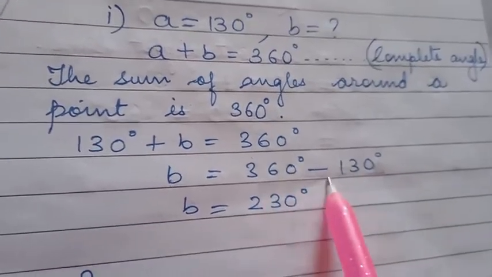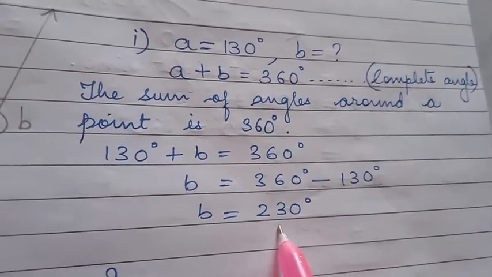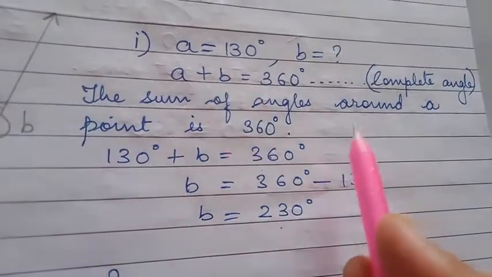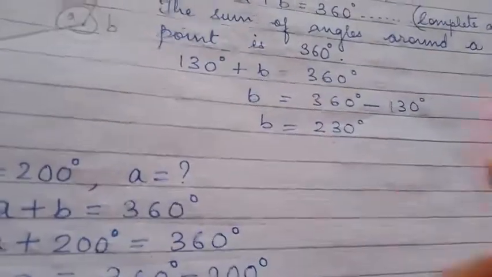So 360 degree minus 130 degree gives you 230 degree. Okay, what is important here is transposing 130 degree to RHS. During transposition your sign changes, means the number's sign changes.